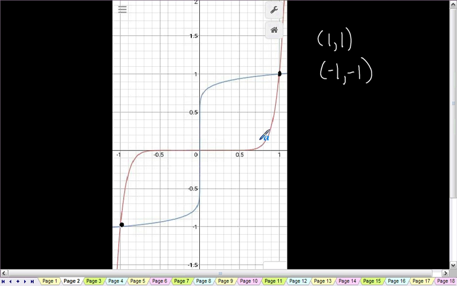Drawing the graphs, we see that they intersect at positive 1, positive 1, and negative 1, negative 1. I just plugged it into a graphing calculator. I used the dimensions from negative 1 to positive 1. I can use positive 2, negative 2, but you see that it intersects at 1, 1 and negative 1, negative 1. That's the graph of those two functions.